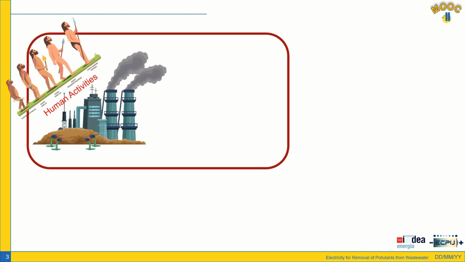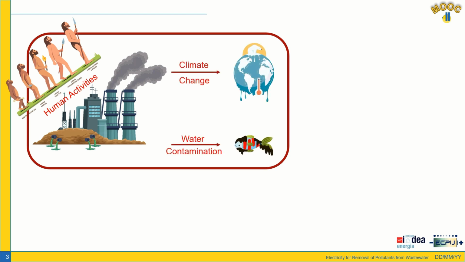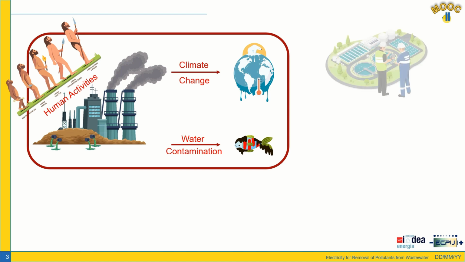In the past few years, human activities have risen a lot, and it's causing two main problems that we have on Earth, which are climate change and water contamination.